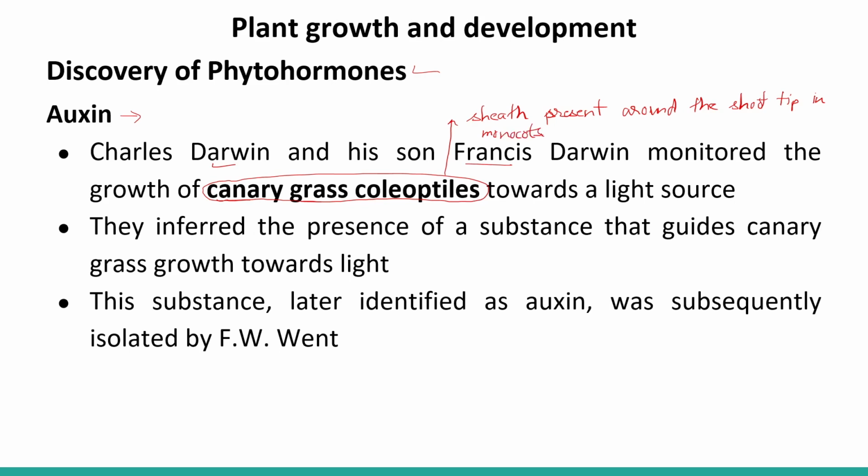So they were working on canary grass coleoptile. They were monitoring the growth, or movement, of this coleoptile towards a light source. They illuminated it with light, and then measured the movement of the coleoptile towards the light.